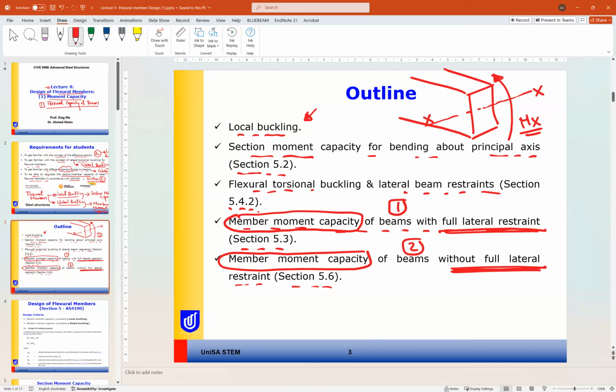So we can summarize that we have to discuss the section moment capacity, then the member moment capacity for different types of beams with different types of restraints. One of the types is the full lateral restraint beam, and the other type is beams without full lateral restraint.